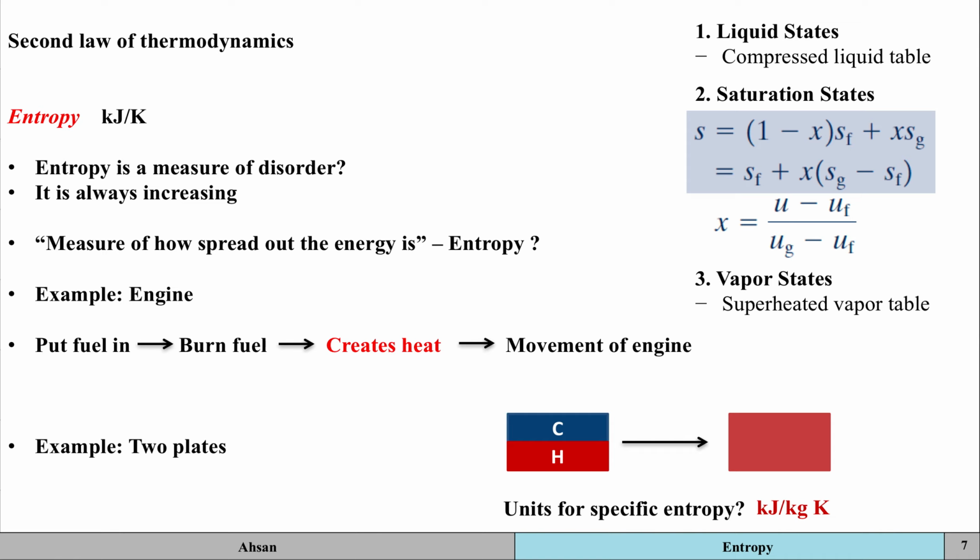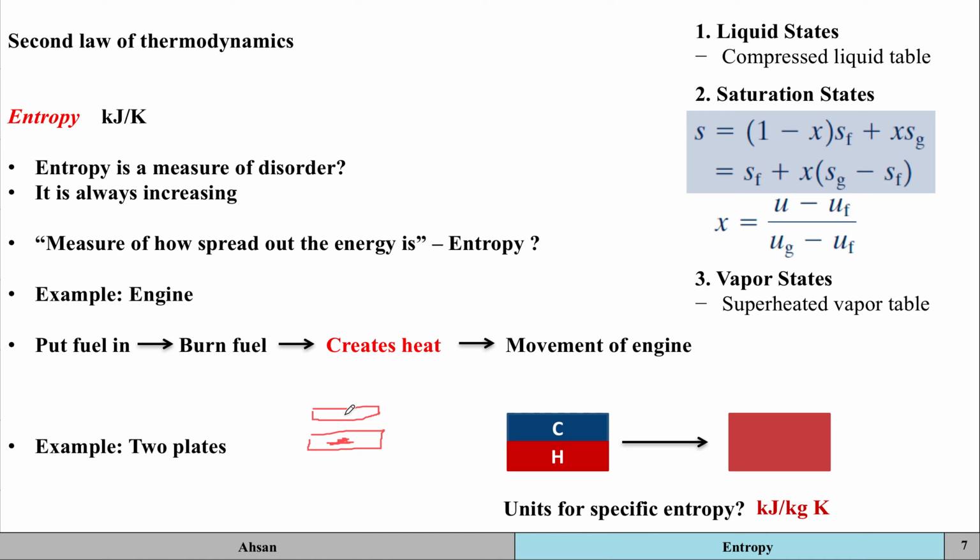How about an engine? If we're looking at different types of engines, say an engine that has one plate here, a second plate here, and air in the middle, and you're heating up this plate. It heats up the air, and then the hotter air moves up, the cooler air moves down.